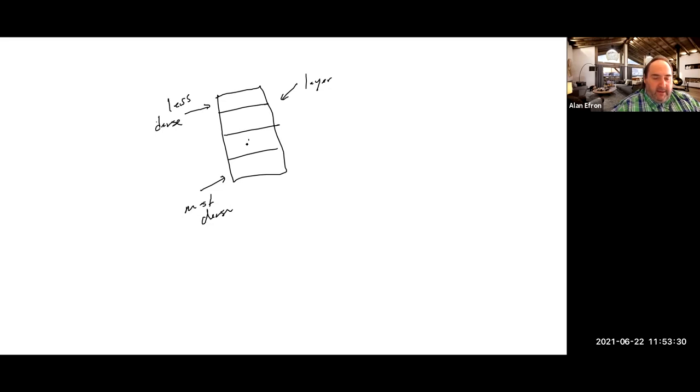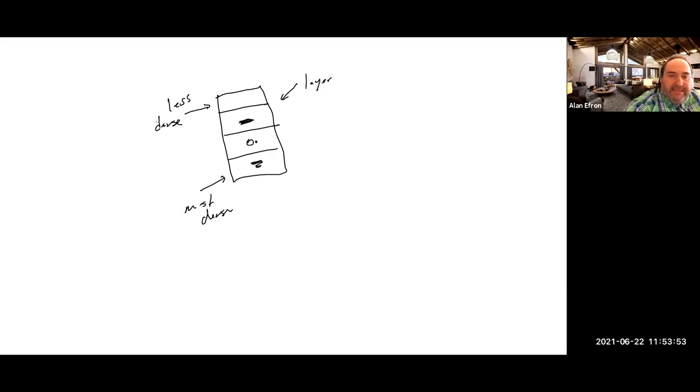If we threw something in there, maybe it just hung out right about there. What that would tell us is that this object is less dense than the bottom layer, but more dense than the one above it. It's somewhere in the middle in terms of density, and that's why it's just hanging out in the middle of those two layers.